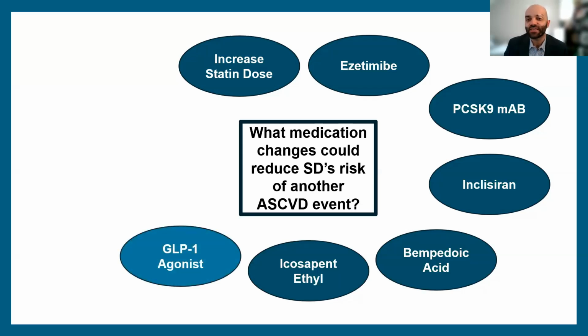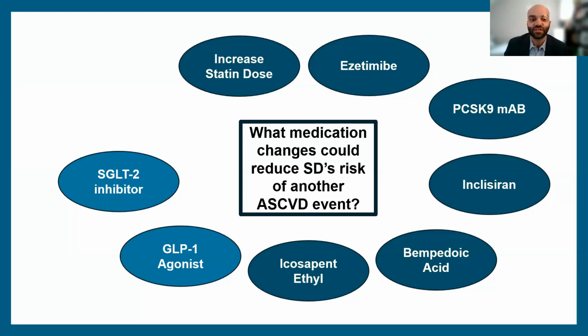Knowing that our patients with diabetes and established cardiovascular disease may benefit from the addition of a GLP-1 or an SGLT2, irrespective of their A1C. And now maybe even colchicine, right? An agent that we've seen for a long time, potentially having more benefit.